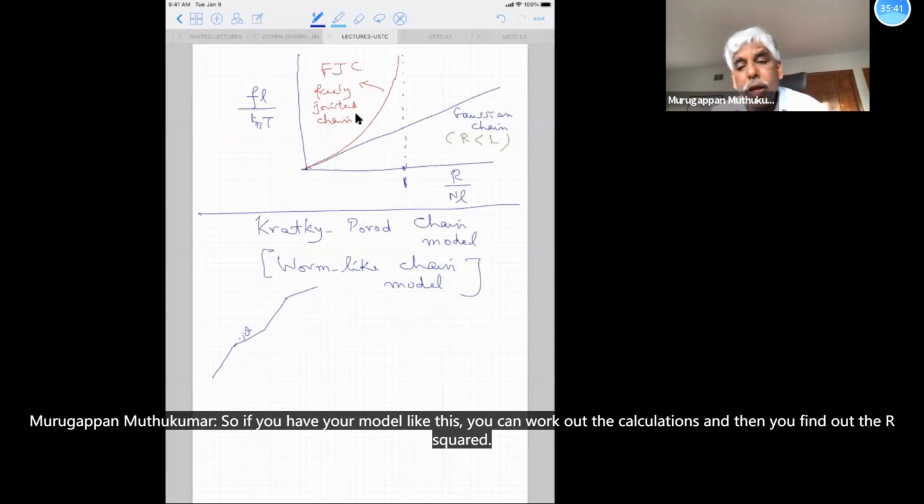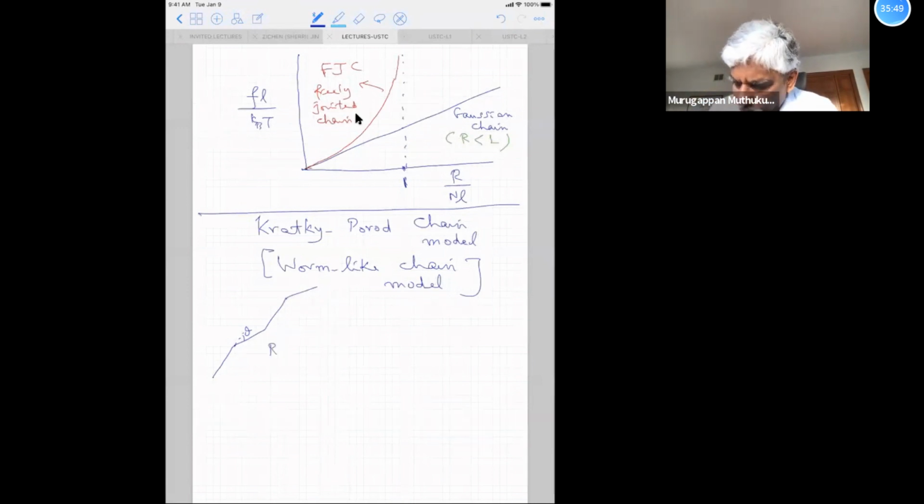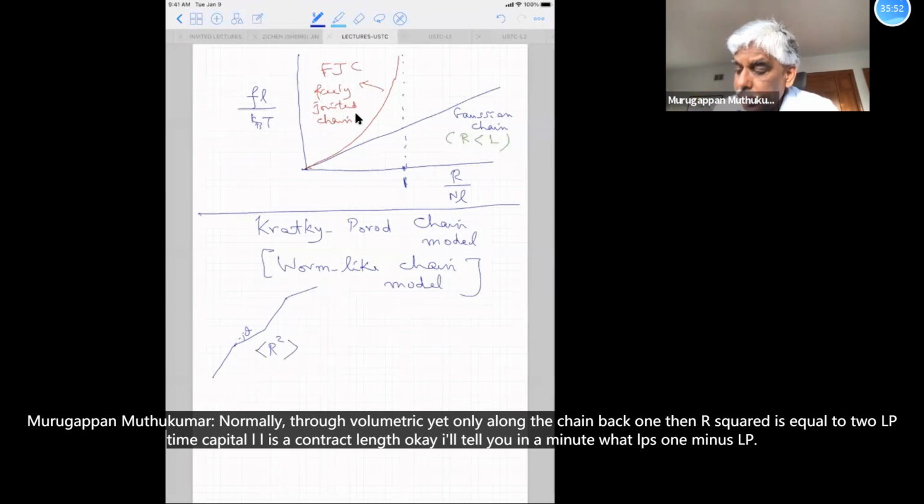If you have a model like this, you can work out the calculations, and you find out that R square, with no excluded volume effect yet, only along the chain backbone, is equal to 2 LP times capital L, times 1 minus LP over capital L, times 1 minus e to the minus L over LP. Here L is the contour length.